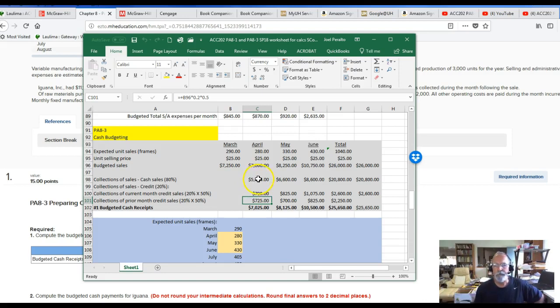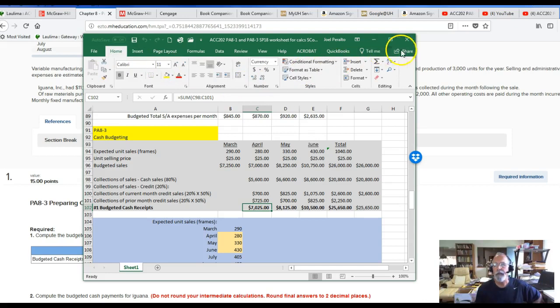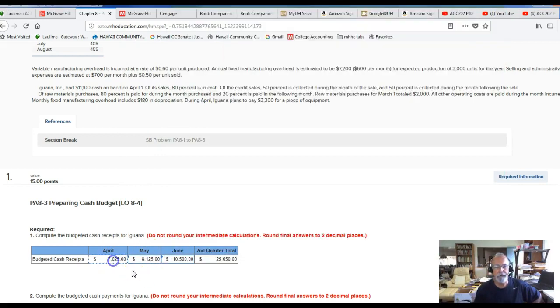So our cash receipts for April is comprised of cash sales and collection of credit sales from this month plus collection of credit sales from last month, 7,025. And that's the amount that we had inputted into our problem.